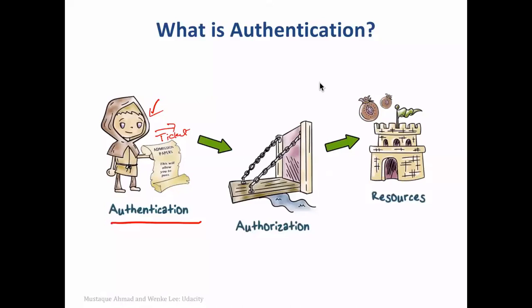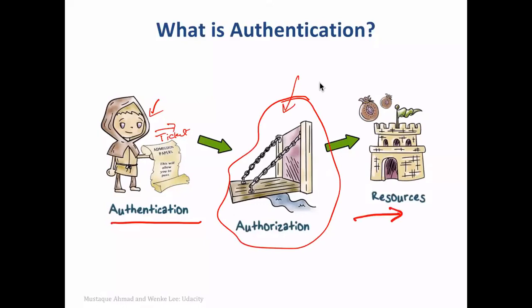And then the system will check whether she is actually authorized to get in. The ticket is one thing where she has to prove, but somebody has to say that yes, she is allowed to get inside. That's authorization. So some entity will authorize a certain set of users or people to get inside, right? And then she can go inside. So basically these two steps are needed: authentication and authorization.